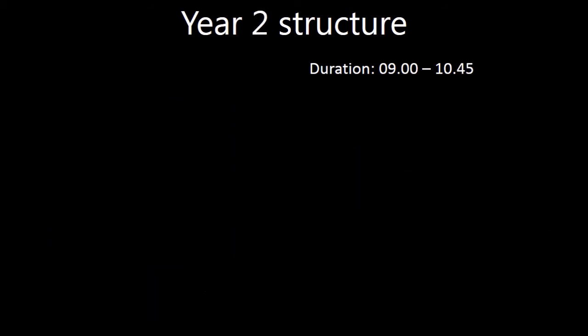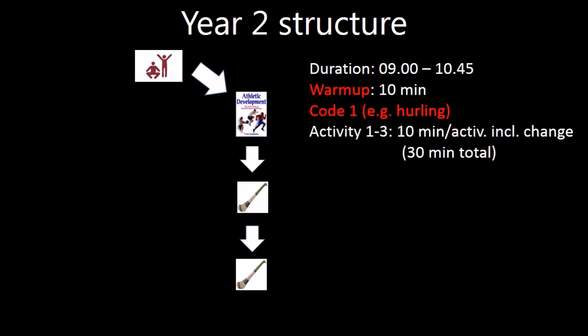In Year 2, the session will run from 9 a.m. to 10:45 a.m. It will commence with a 10-minute warm-up, followed by 3 code-specific activities for whichever code goes first, for example hurling. Each of these activities will be of 10-minute duration, including a short amount of time for changeover.